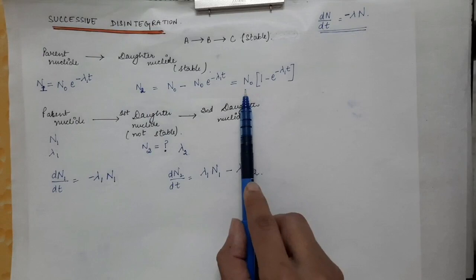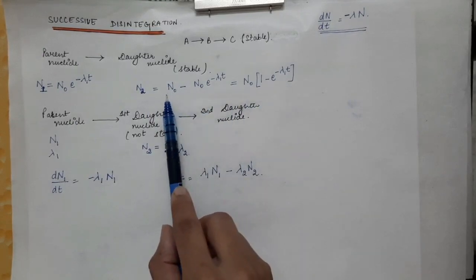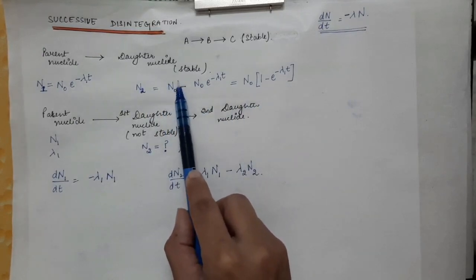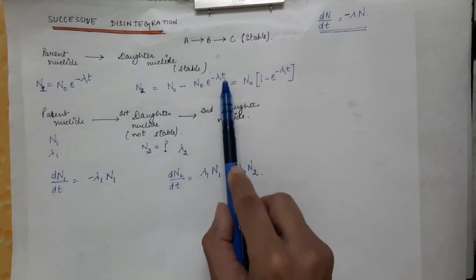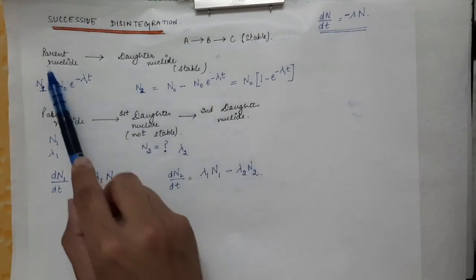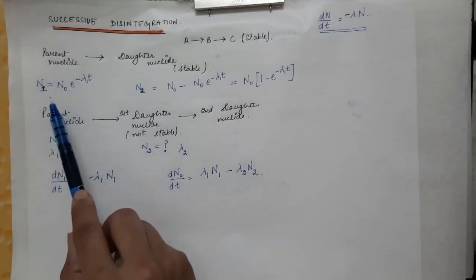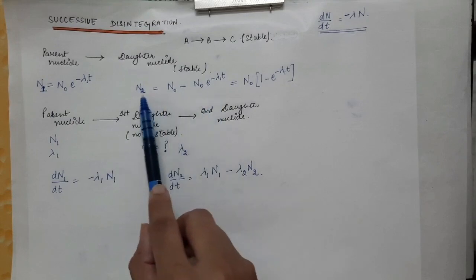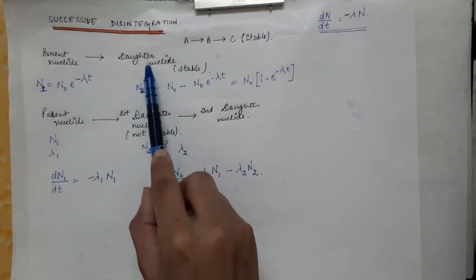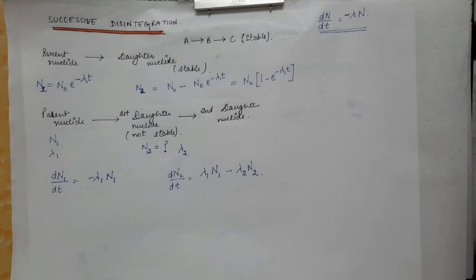That is given by this formula. We subtract this term from the total parent nuclides at time t equal to 0. This term is the number of parent nuclei which are still present in the sample, that is, not decayed. So the subtraction gives us the number of daughter nuclei which have formed in the sample.